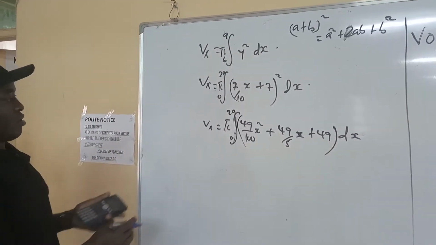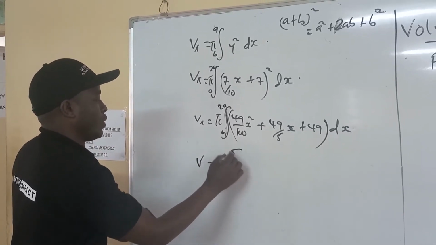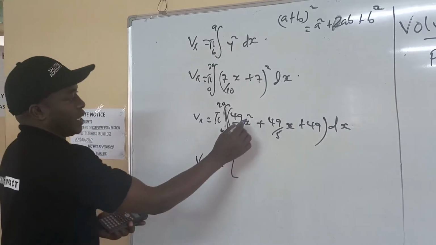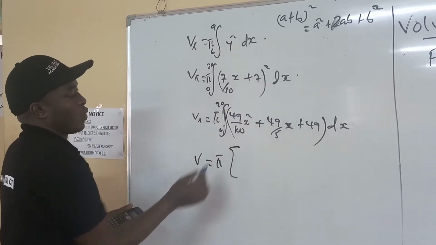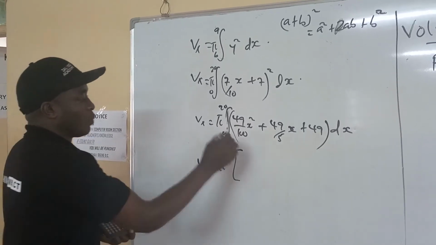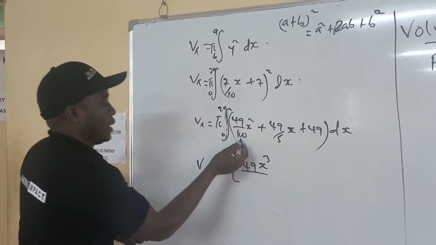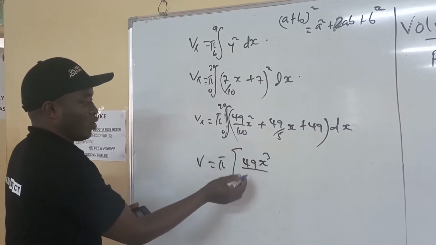So now we integrate, that means our volume will be pi. If you integrate this, the power is 2. You add 1, the power becomes 3, and then you divide by the new power. So it becomes 49 x cubed all over 3 times 100, because you need to divide by 3.